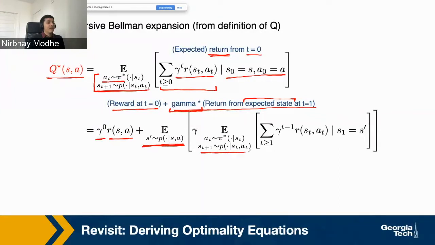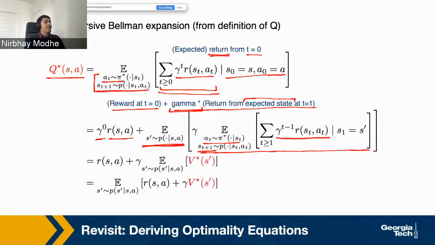What I've written here is just trying to get the same expression as I had earlier, because now I have this expression of expectation over actions A_t and states S_t, and I have the gamma power t and R term here. This is going to look very similar to what I had earlier, and this entire term is going to collapse into my V star. Why is that the case?